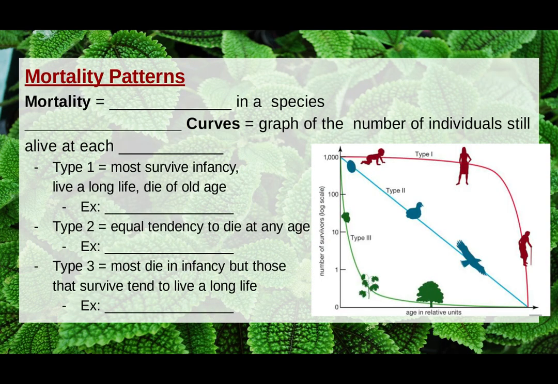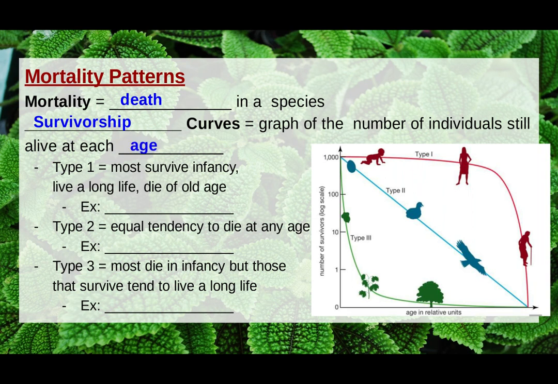So the last subject here to look at is mortality patterns. We talked about growth rates. What about death? Mortality is the death in a species, and there are three patterns that most species follow, one of those three. They're called survivorship curves. It is a graph of the number of individuals still alive at each age.